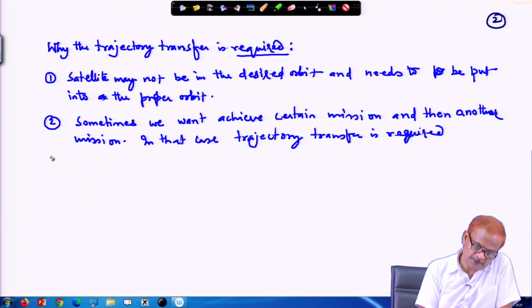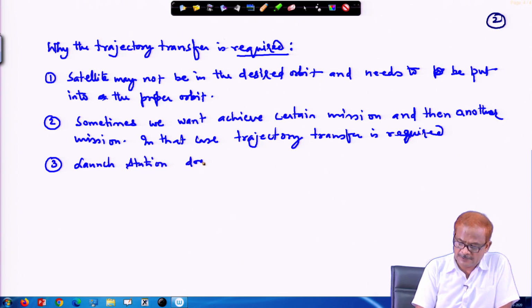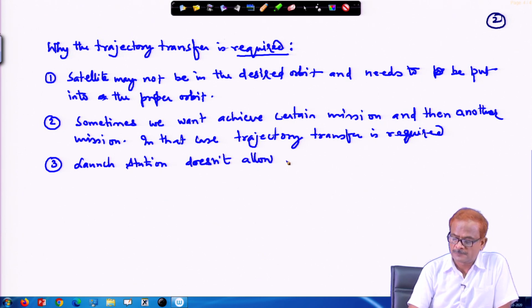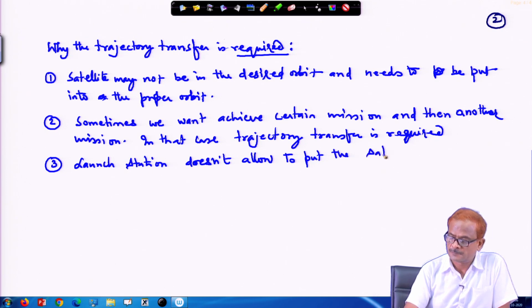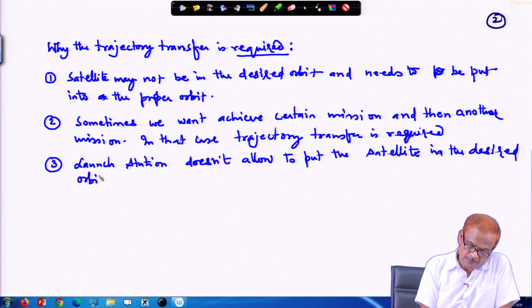Not only this, but also the launch station does not allow putting the satellite in the desired orbit. And therefore, a change is required.